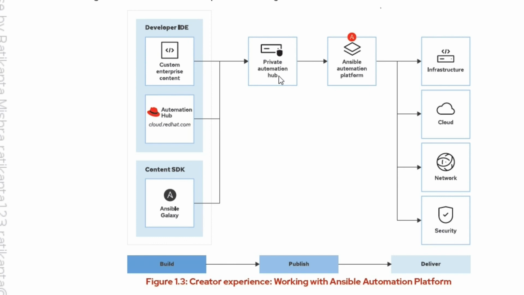But if you have internet access, then you can access these from cloud.redhat.com, which is the public automation hub. Or you can access the resources from Galaxy also. Or if your organization has some other custom enterprise content collection, that is also okay.